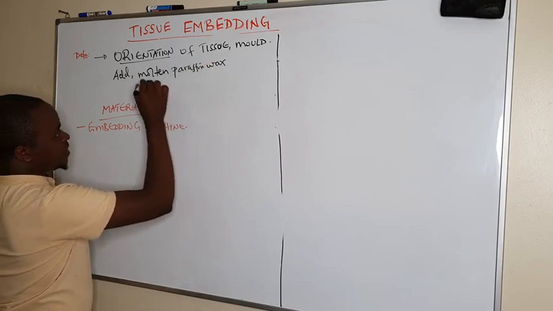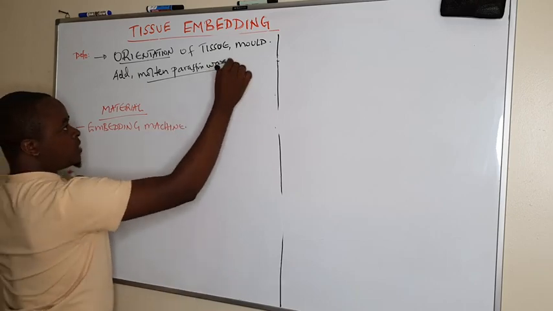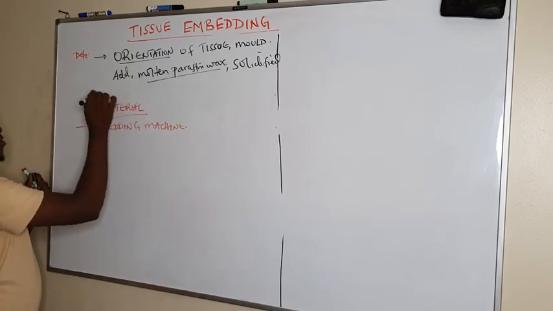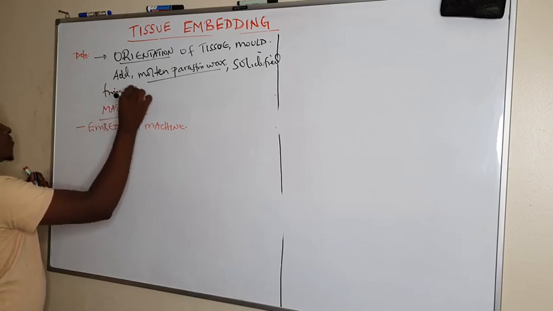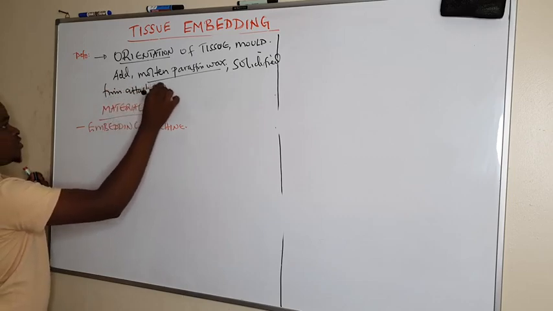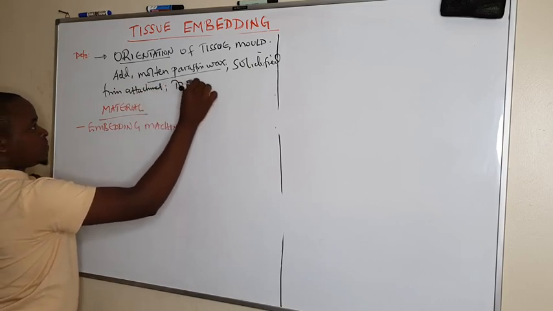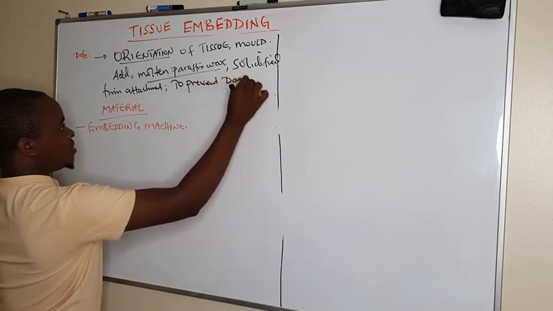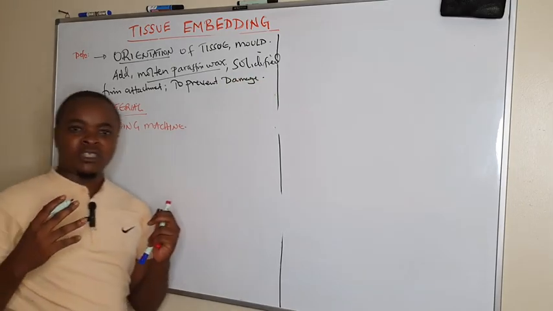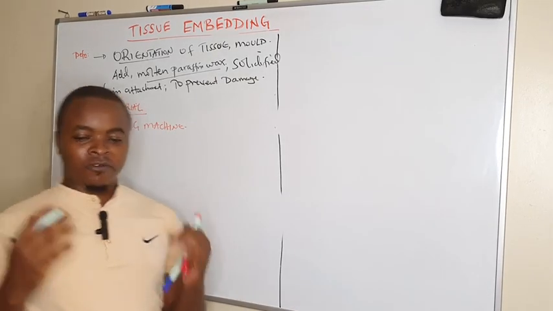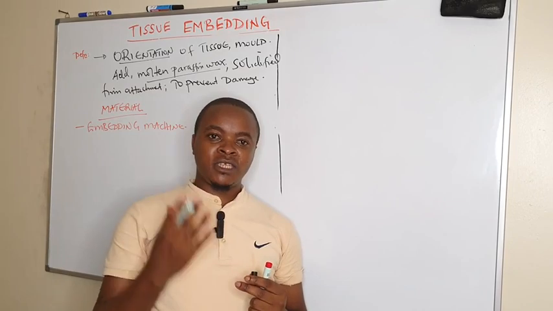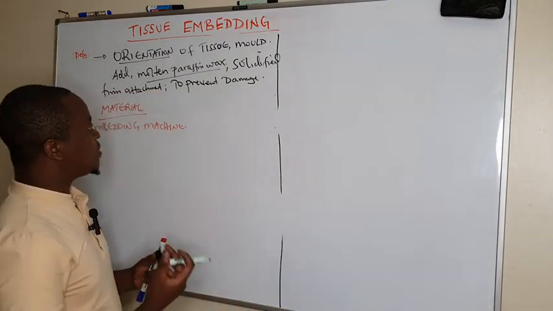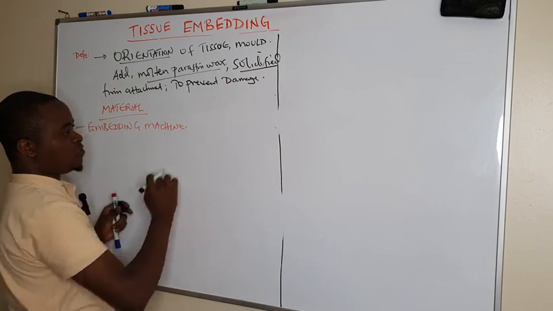The importance of the paraffin wax is that after solidifying, it provides firm attachment of the tissue to prevent damage during sectioning. This solid medium ensures that during microtomy, the tissue remains intact so that there is no damage to the tissue.